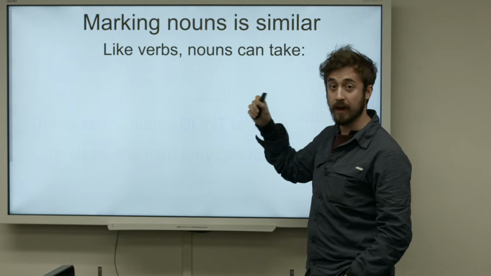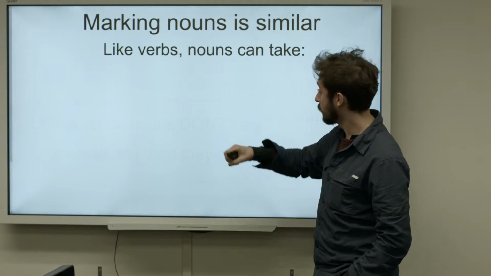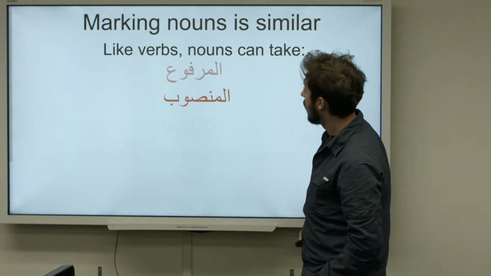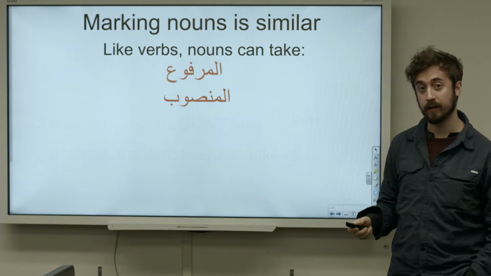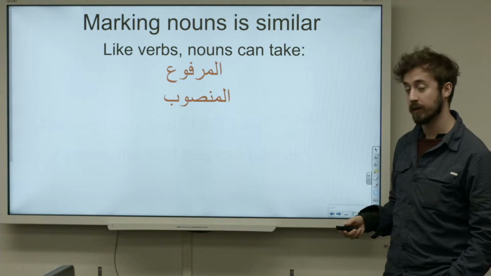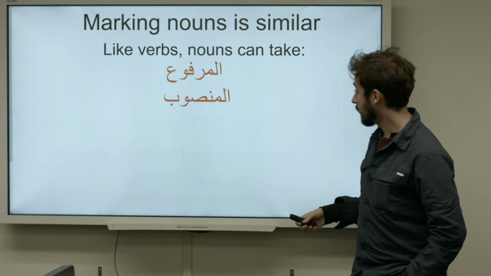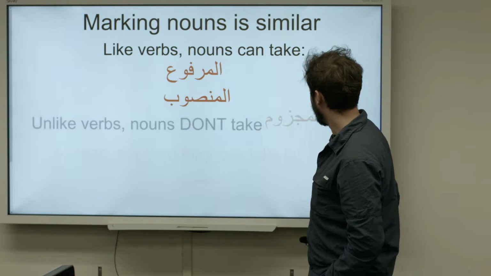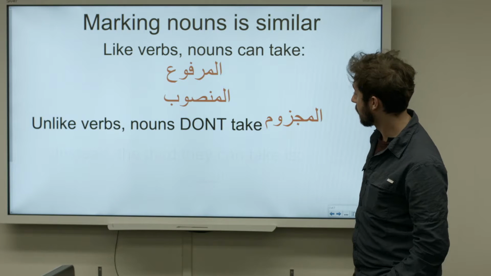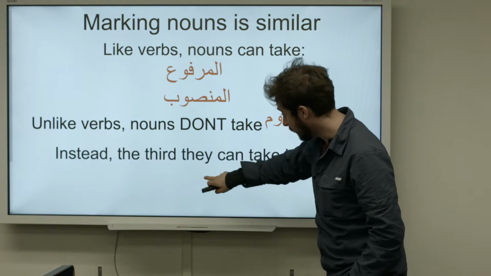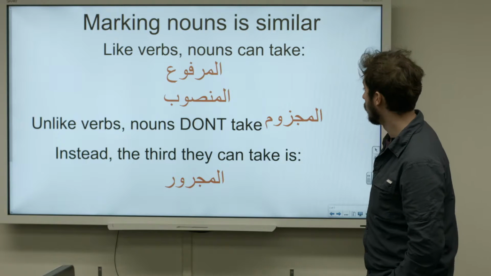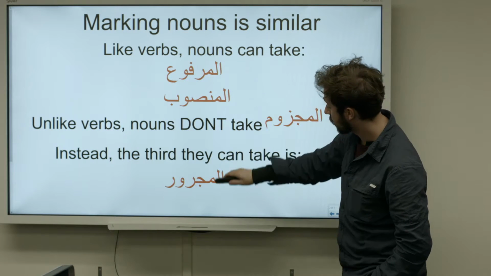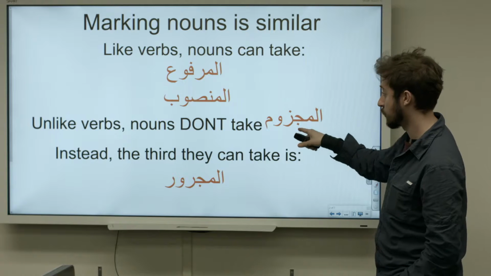The two that nouns can take, like the verbs, are al-marfu' and al-mansub. However, unlike al-mudari'a verbs, nouns don't take majzum. Instead, they take something called al-majroor.